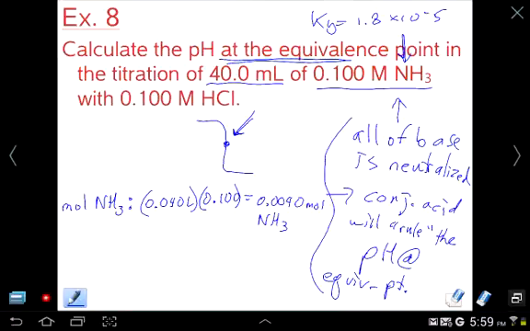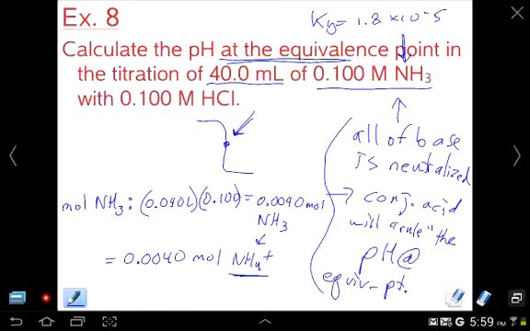Now remember, at the equivalence point, moles of acid equals moles of base, which means we will have that many moles of conjugate acid. All of the NH3 converts into its conjugate, and when NH3, being a base, gains a proton, it becomes NH4+. So we have 0.0040 moles of NH4+ at the equivalence point. All our base became conjugate acid.